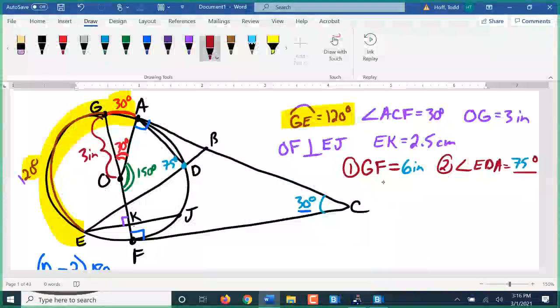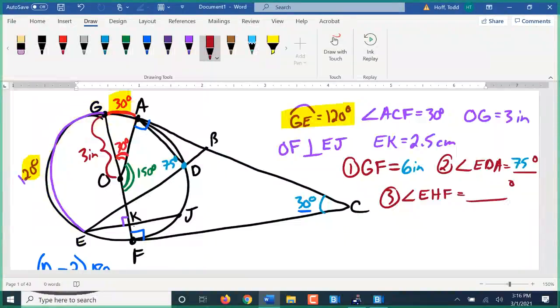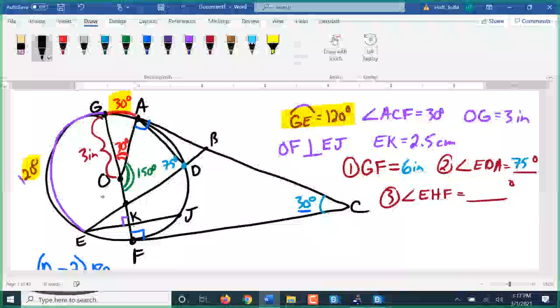Next thing I'm going to ask you to find is angle EHF, obviously in degrees. That there, put H right there.